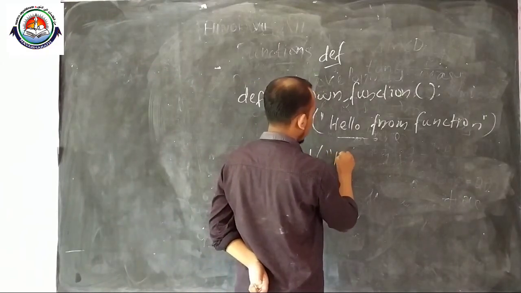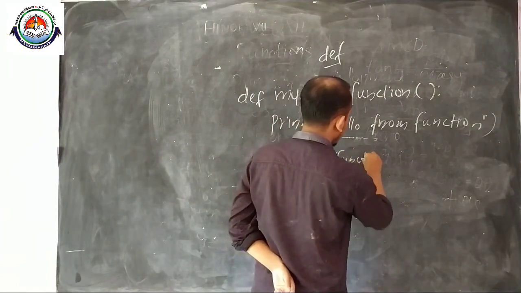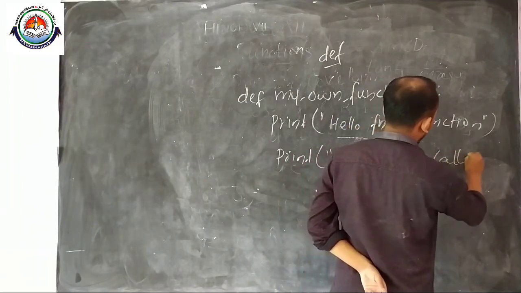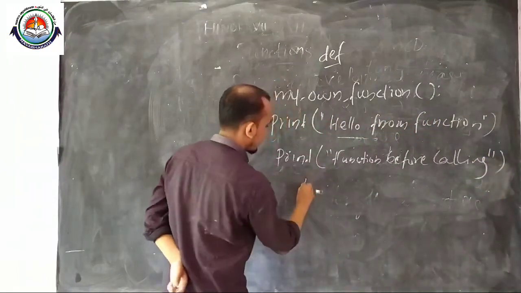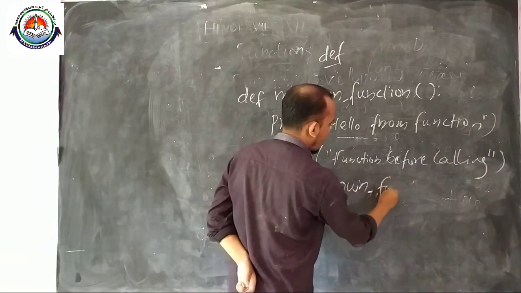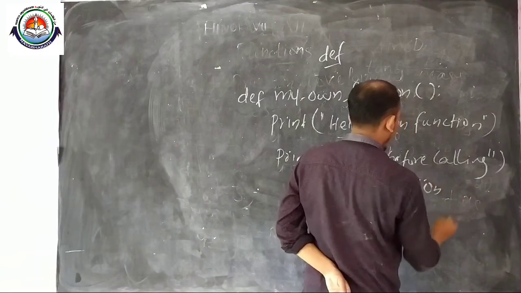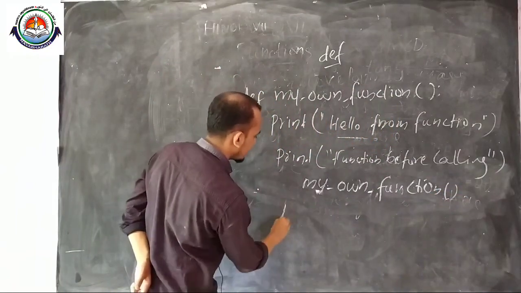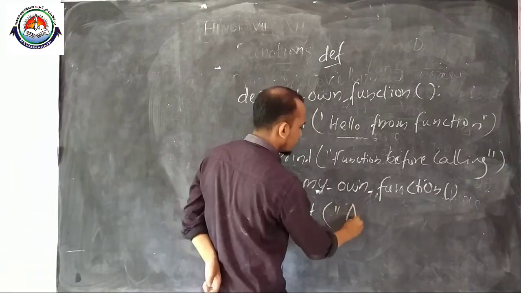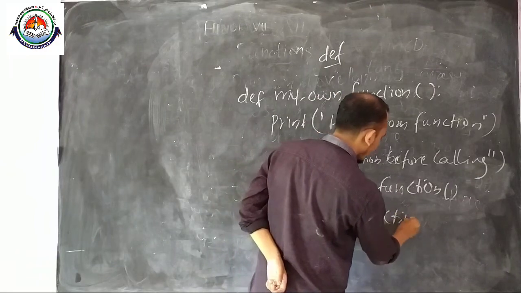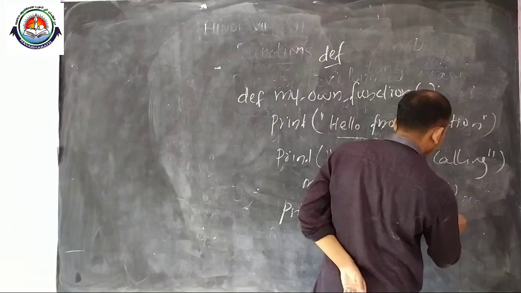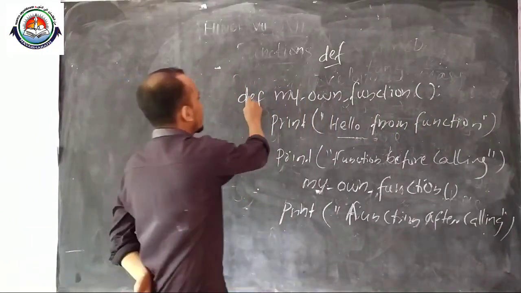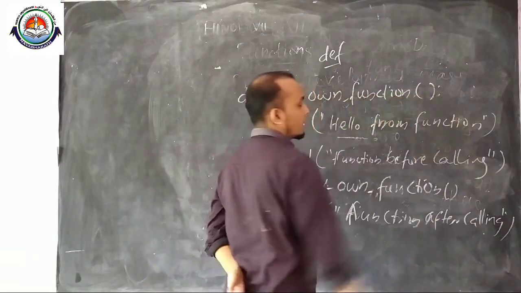Print function before calling, my own function, print function after calling. def is the keyword for defining a function. my own function is the function name.